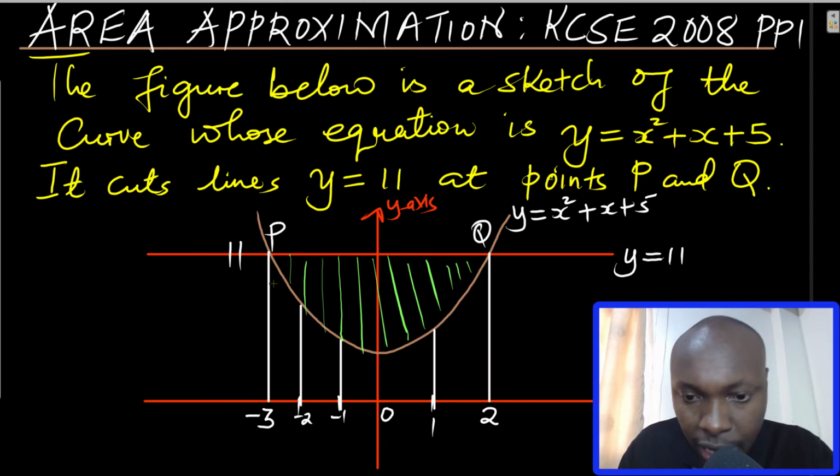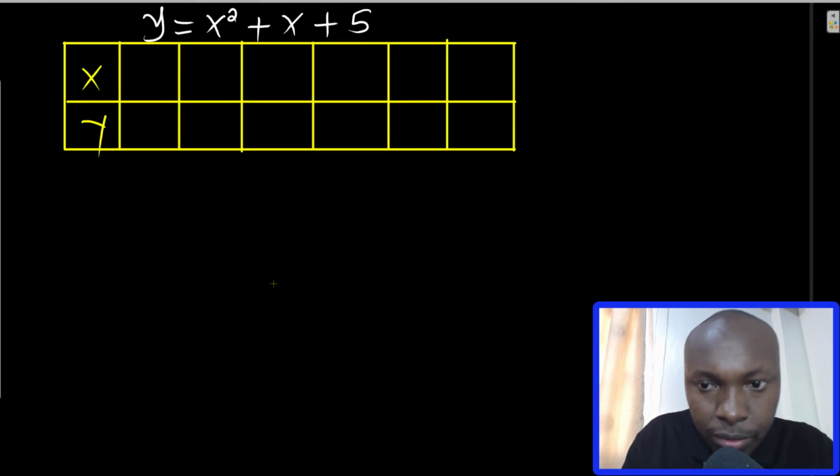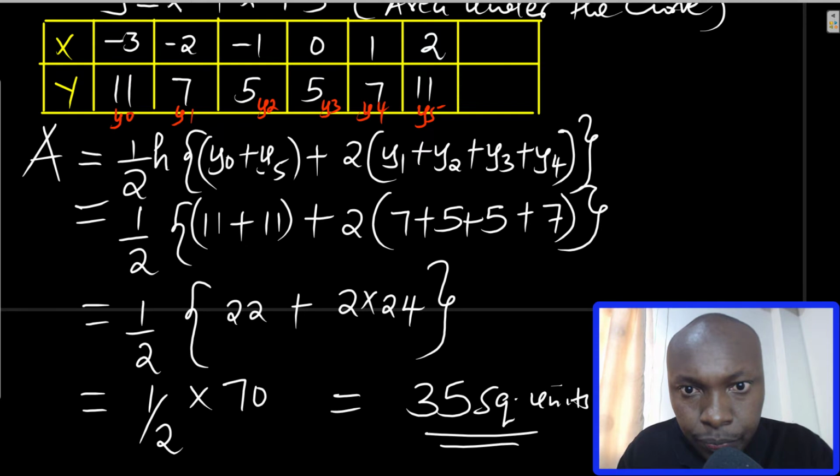So the area under that line, y equals 11 between -3 and 2, will be the area of the rectangle measuring 11 by 5. So let me indicate that here.